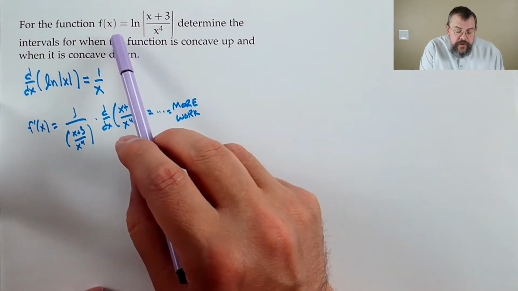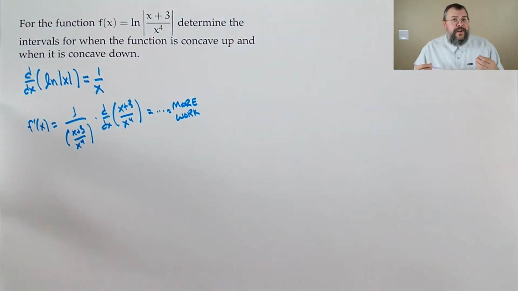Before I take a derivative of any function, there's always a few seconds that should pass through your mind. We say, could we make this function easier to take a derivative of? In other words, is this really the right form that's been given?